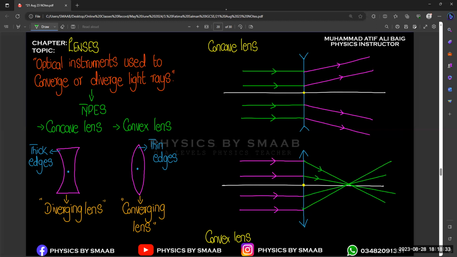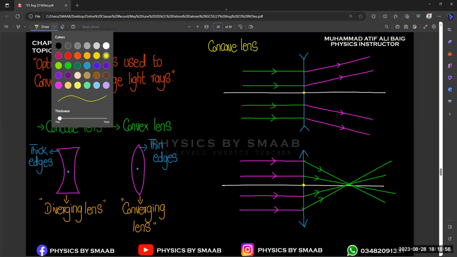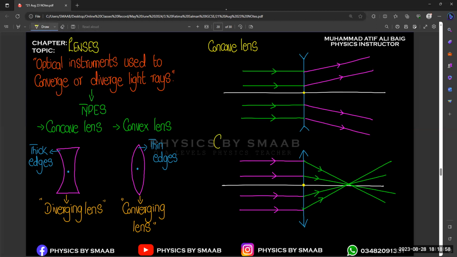And diverging means that it will divert your light rays away from each other when those light rays pass through the concave lens. So that is the difference between the concave lens and the convex lens, right?